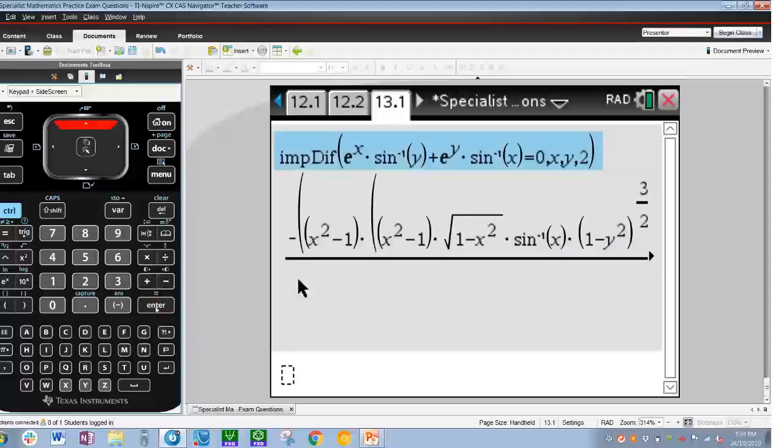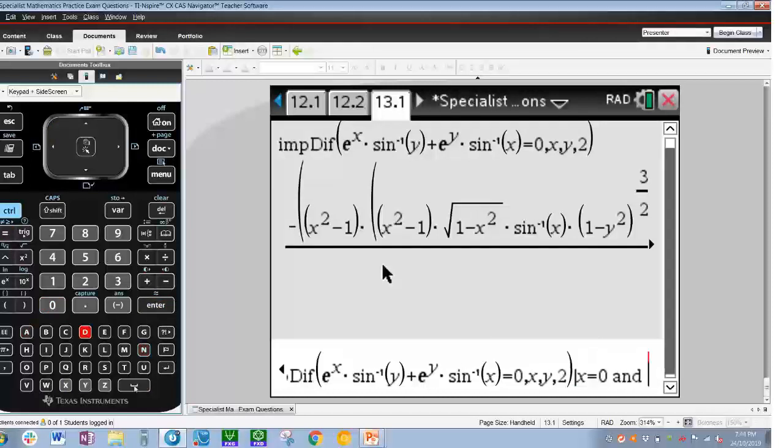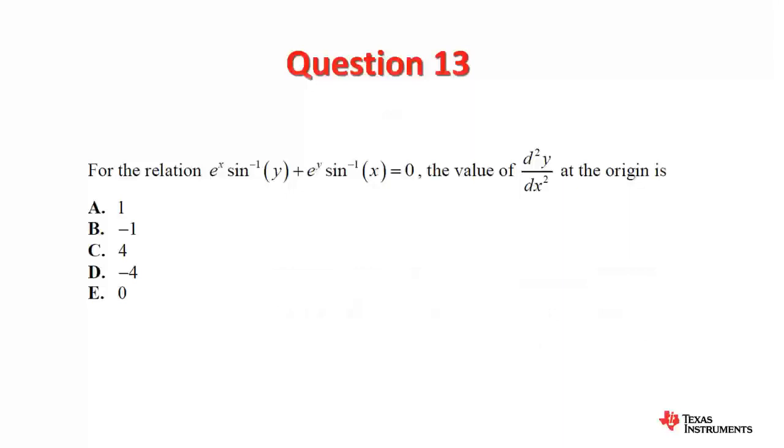So I'm going to press up to get the question again, and then sub in x equals 0 and y equals 0. Control equal given, and then x equals 0, spacebar A and D, and then y equals 0. Press enter, and there we go. We get a value of 4, which is option C.